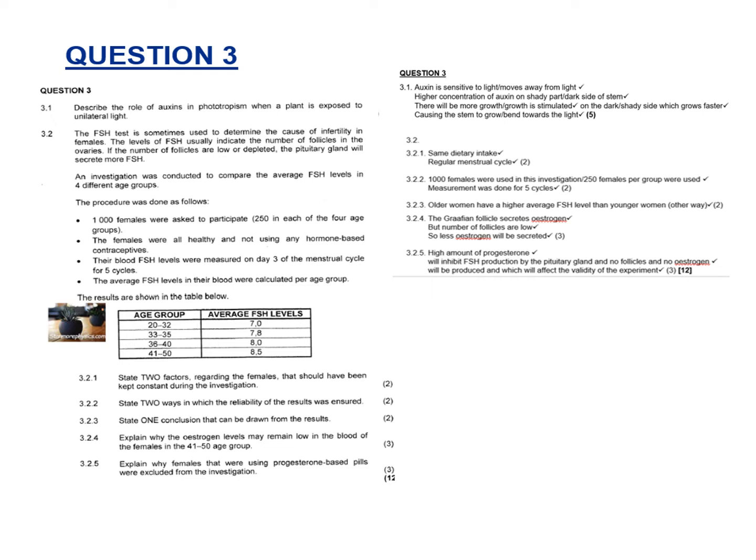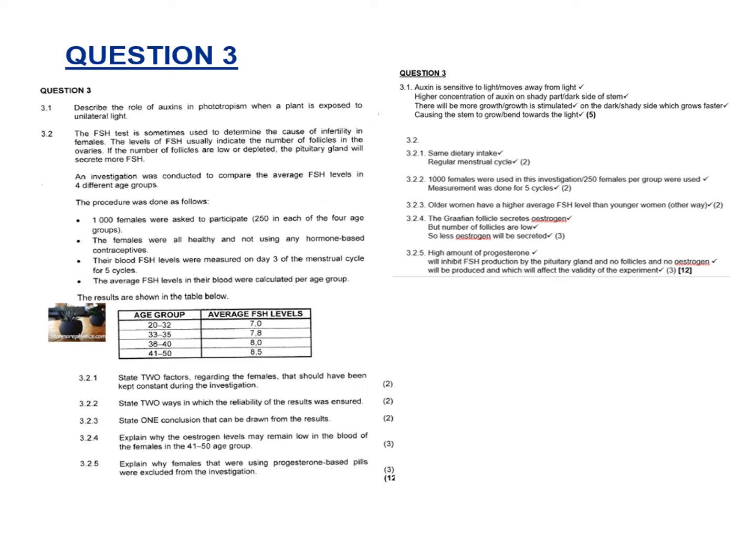Right, now we've already discussed the table. Let's answer the questions. 3.2.1. State 2 factors regarding the females that should have been kept constant during the investigation. This took me some time to think about. I was thinking, what is it that the females must keep fixed or constant that could affect their average FSH levels? And that's easy. They must have the same dietary intake.